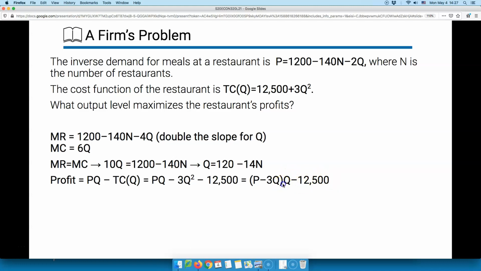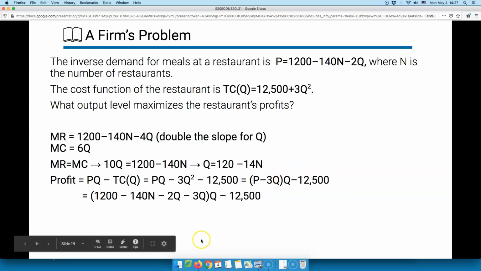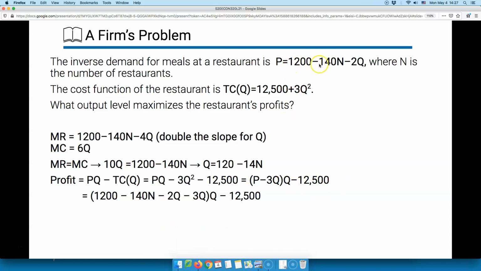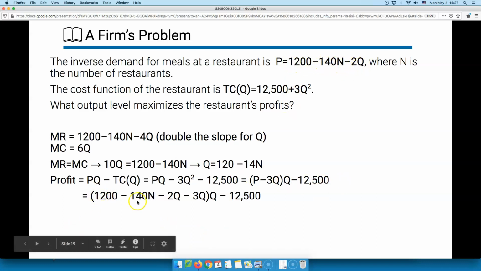And next step, let's replace the price with the inverse demand to express everything in terms of the quantity. And I'm just using the 1200 minus 140n minus 2q, plugging it in place of the price. And you can see that I have two like terms, 2q and 3q, so I'll add them up together.